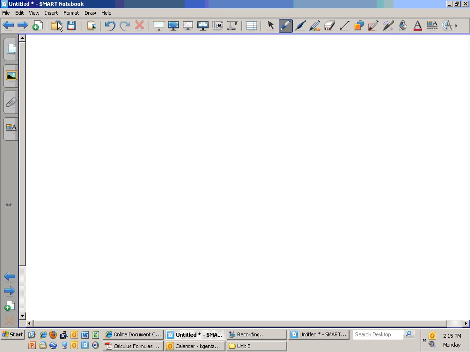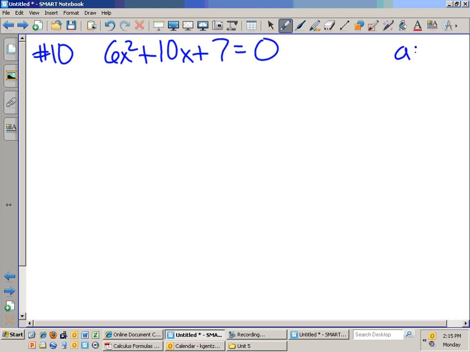And let's do problem number 10, which says 6x squared plus 10x plus 7 is equal to 0. So again, I set up the quadratic formula. What is A, B, and C?